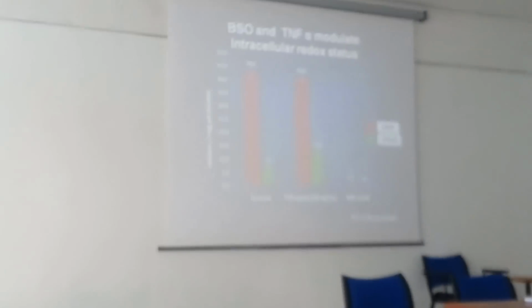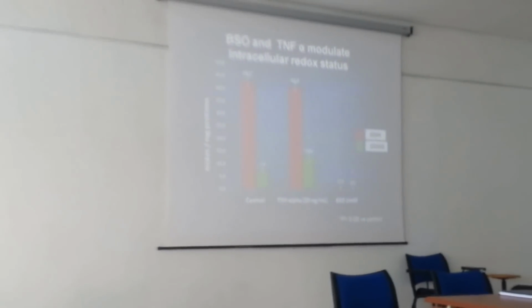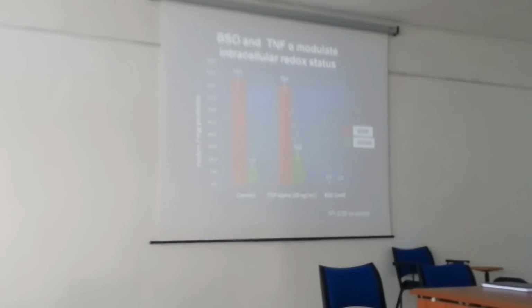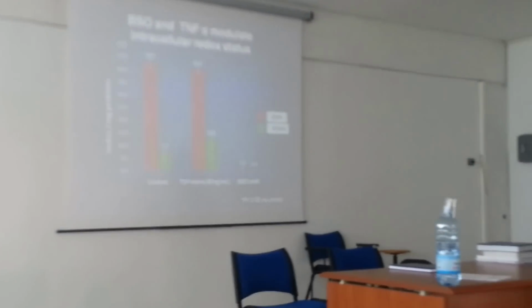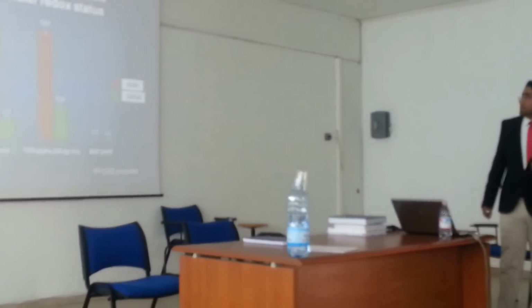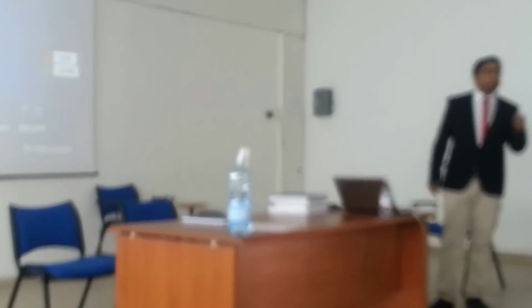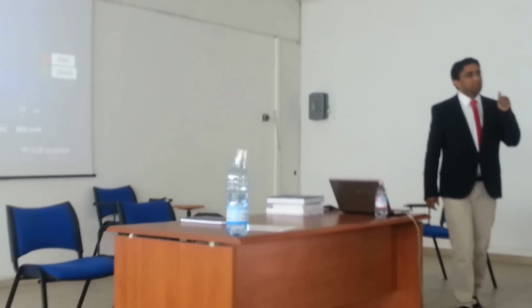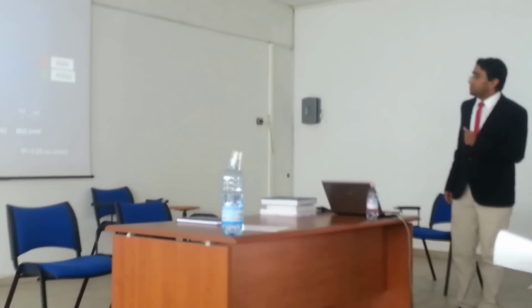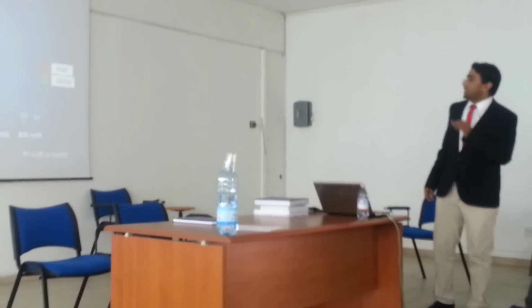So now about the results. We understand that in our experimental condition, that is 1 millimolar BSO, BSO was able to reduce glutathione content, depleting total glutathione up to 95%.